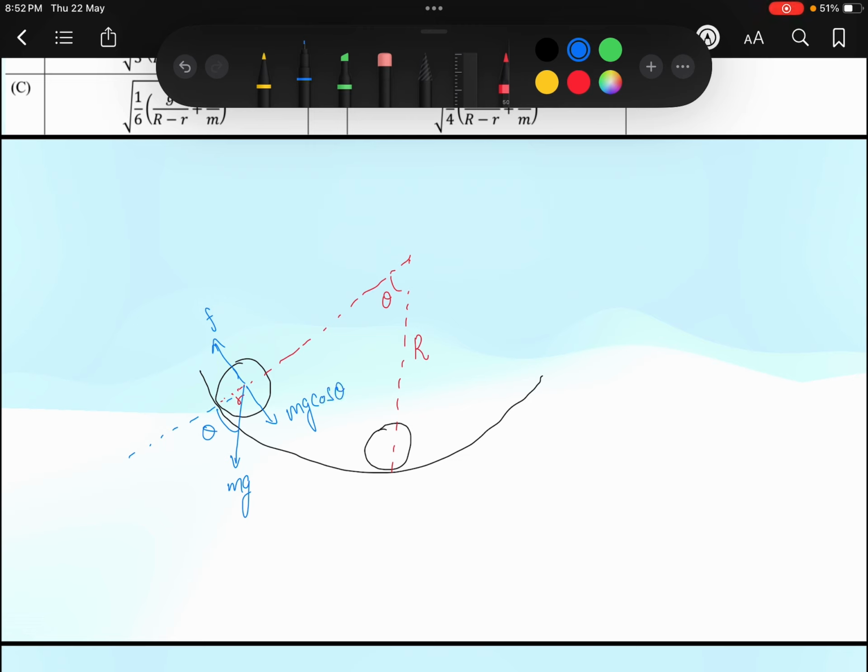And also one force will be there due to the spring, since the spring is connected to the disk. Then due to this displacement x, there will be another force acting on this disk, that is kx in this direction.